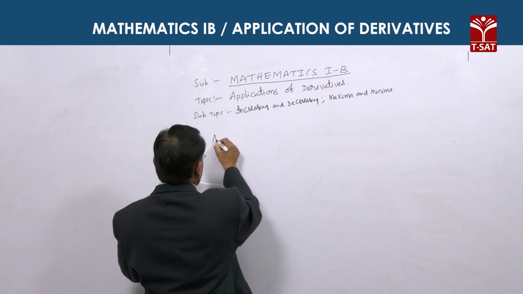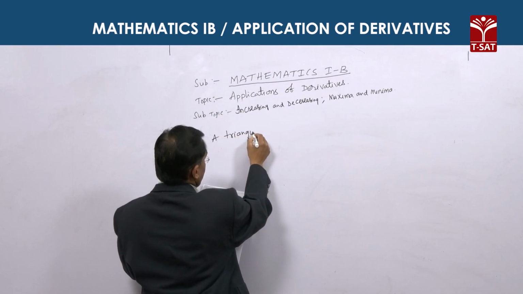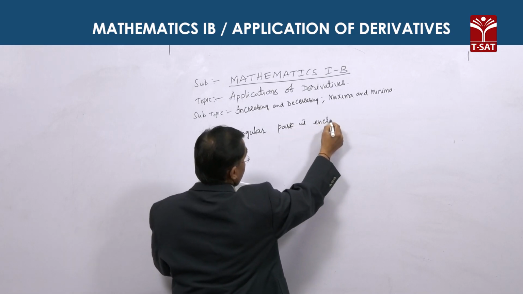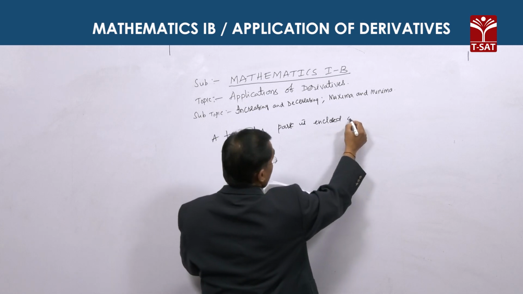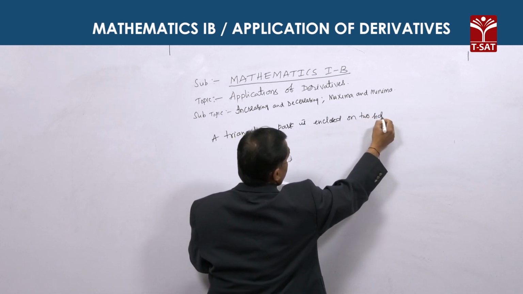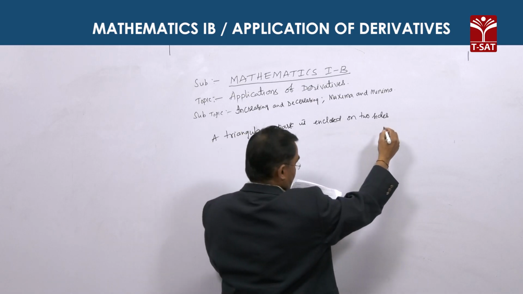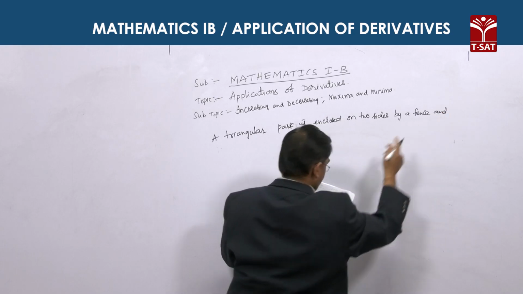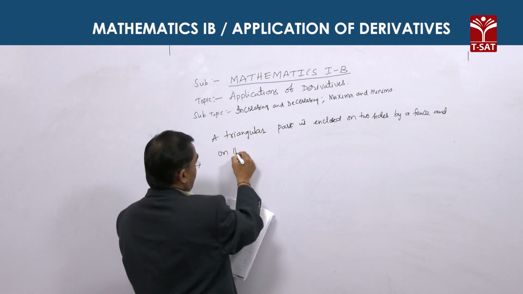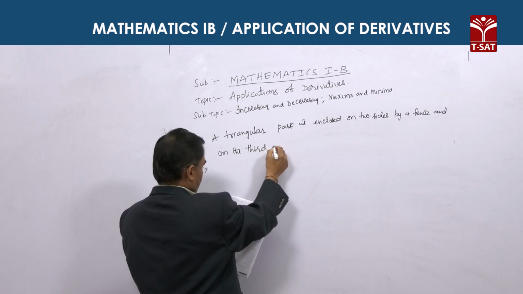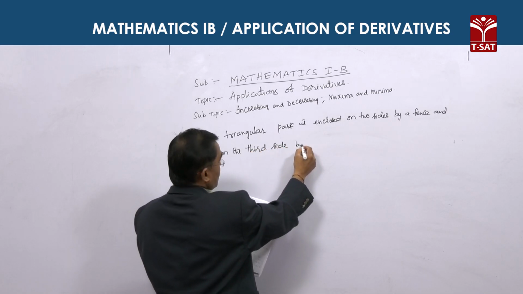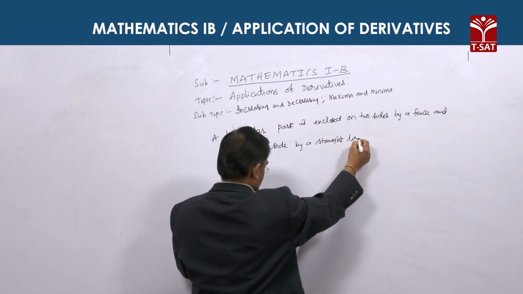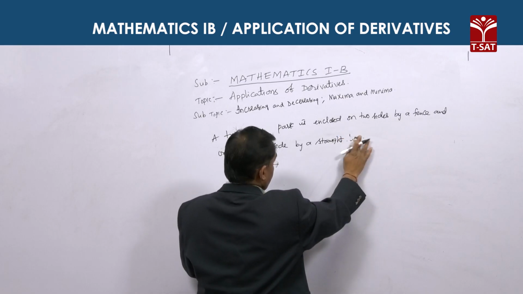Next problem. A triangular park is enclosed on two sides by a fence and on the third side by a straight river bank.